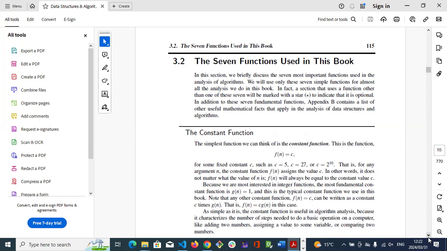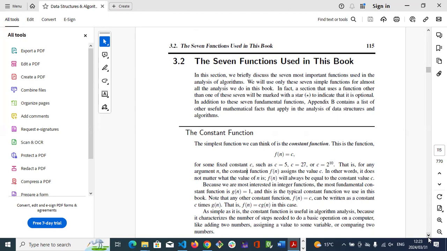In other words, it does not matter what the value of n is. f of n will always be equal to the constant value c. Because we are most interested in integer functions, the most fundamental constant function is g of n equals 1. This is typically the constant function we use in this book.